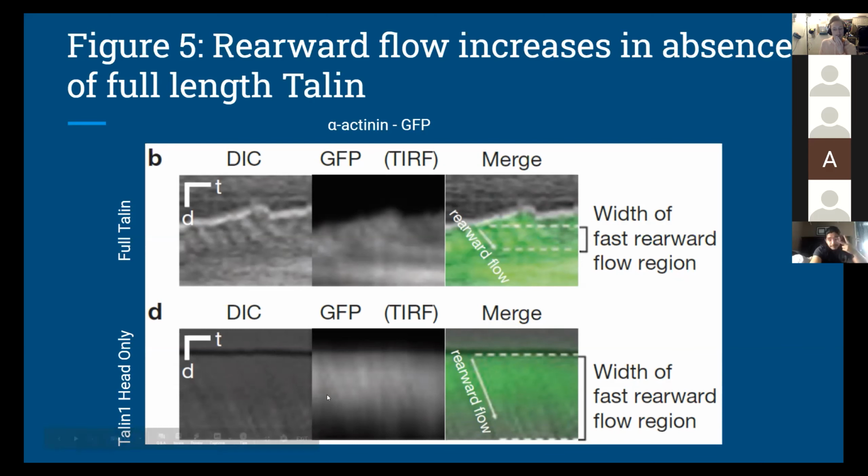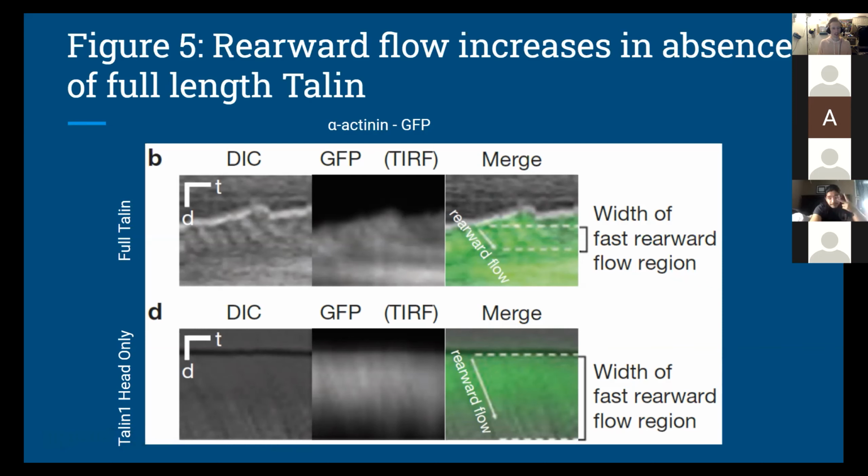Right. They managed to restrain the rearward flow to the small region near the membrane, where presumably the actin is still working on binding to the focal adhesions. So Talin is important for constricting that flow zone. Yeah, that's cool.